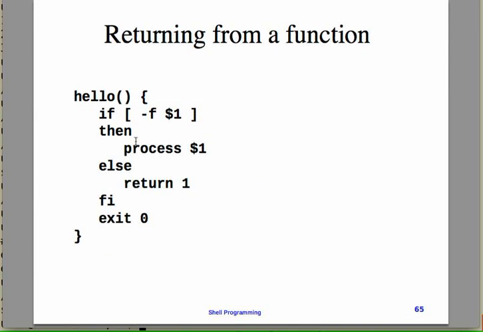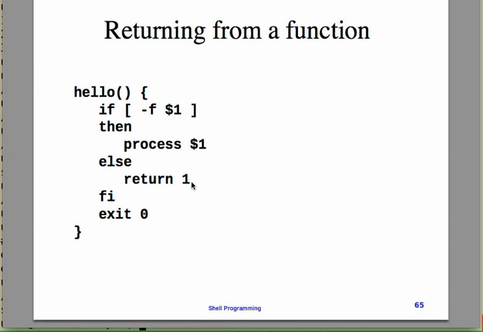How do you return? You just say return. You can call one function from inside another function. So process would be a function that takes the first argument to this function and runs process. How do you return? You can return 1, that's just the status code.